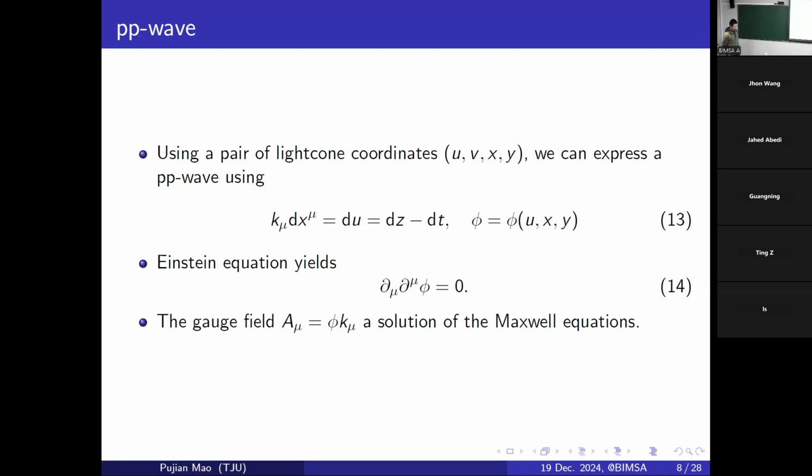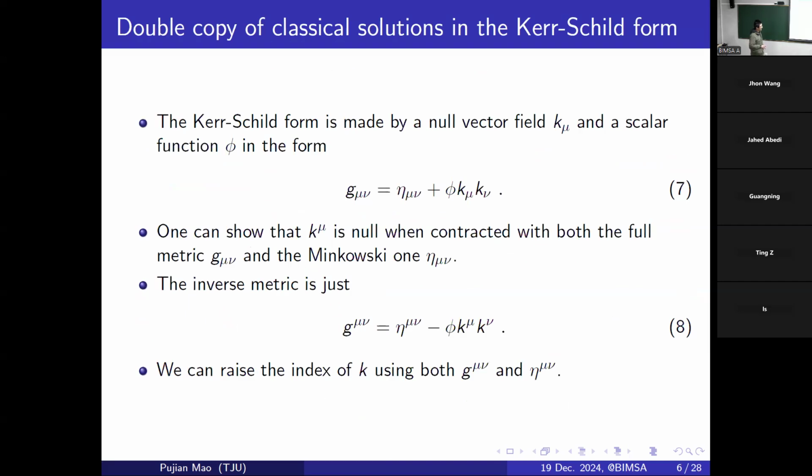Okay, so if we believe there is some kind of intrinsic connection between gravity and gauge theories, we can ask which quantity should be the right one to look at. Because the point here is we can use the vector, we can use the Kerr-Schild form, but the Kerr-Schild form is very sensitive to the coordinate system you choose.